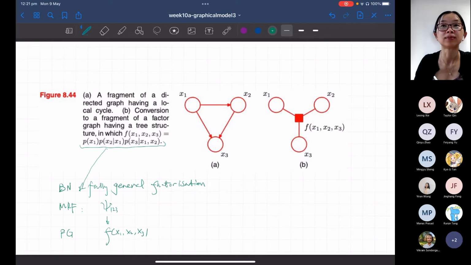But as you can see, once we convert it to a factor graph, it is tree structured, right? This or the undirected version. So this original Bayes network is certainly not tree structured, but the factor graph is.